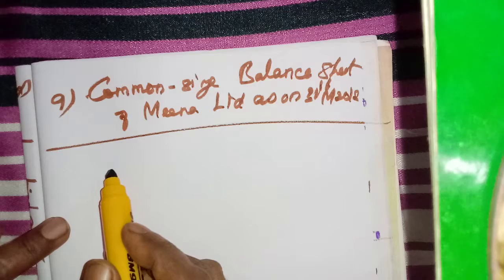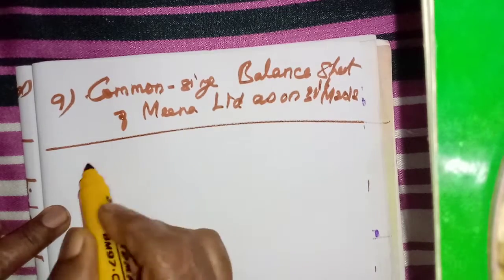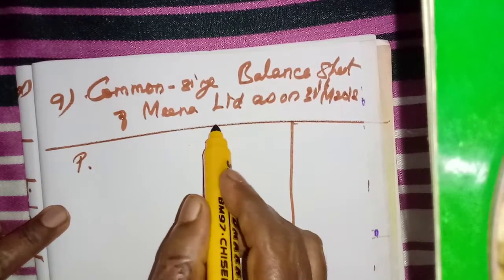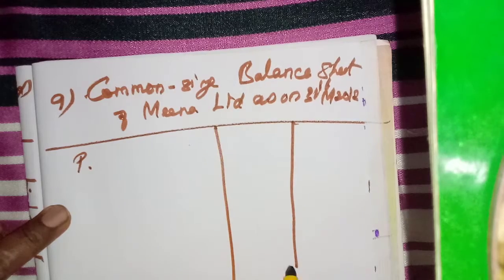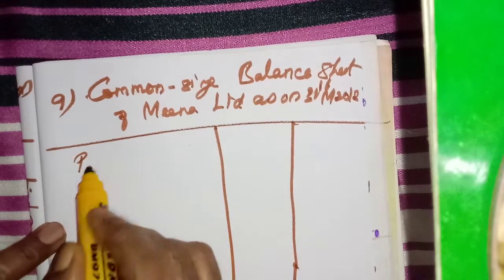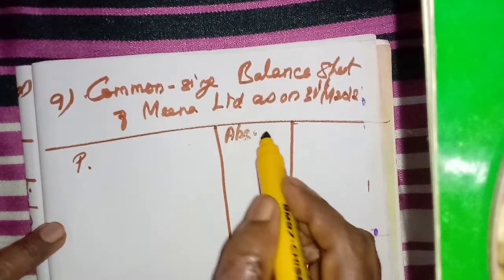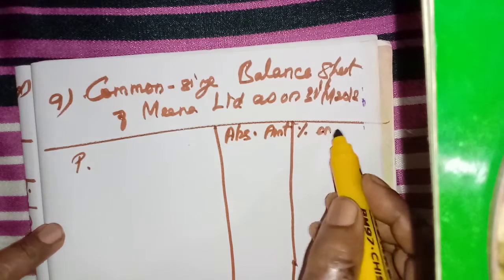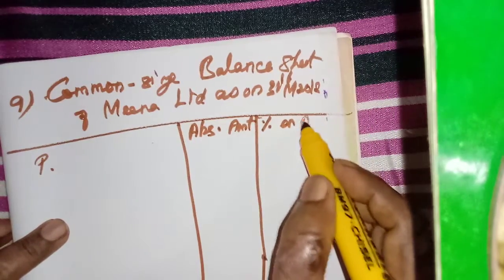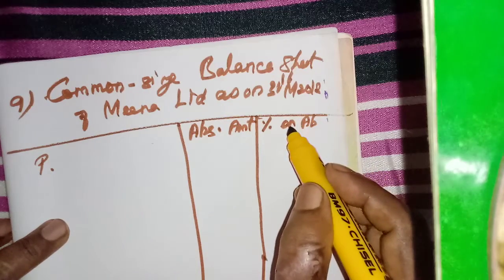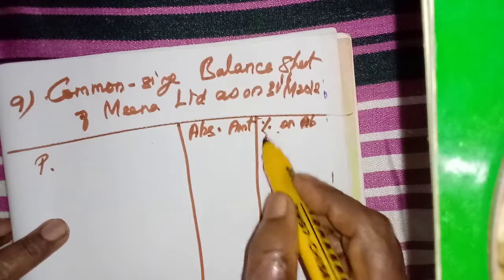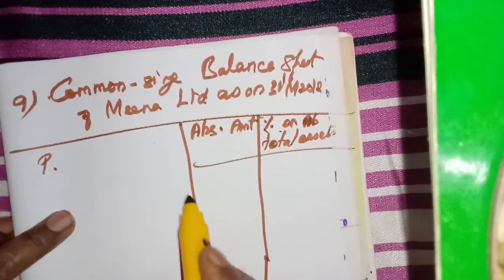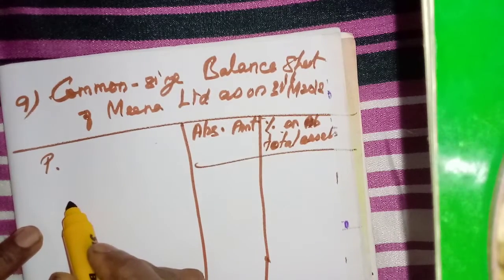Okay, here that particulars, then two column, isn't it? Percentage and absolute amount. First one, absolute amount, percentage on absolute amount, absolute percentage on total assets. Okay, here we will write, we have to write fully.